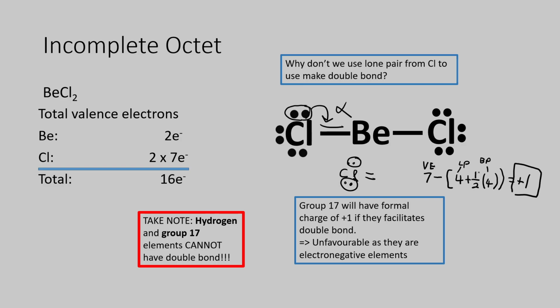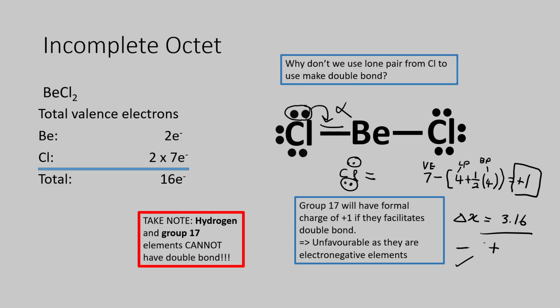And kalau you tengok chlorine, dia punya electronegativity value is 3.16. Tinggi ke rendah? So tinggi. Since electronegativity value dia tinggi, dia lebih suka untuk jadi negatif ke positif? Negatif.